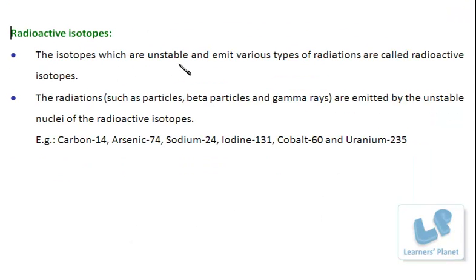The isotopes which are unstable and emit various types of radiations are called radioactive isotopes. What are these radiations? Radiations are a form of energy.